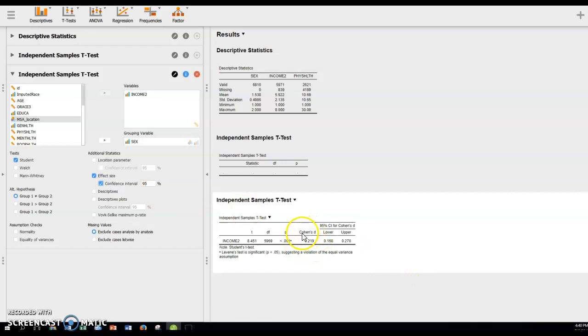So our best guess based on this test is that men make 2 standard deviations higher on income than females do in Pennsylvania. Now that 2 standard deviations is kind of tricky to interpret because we're talking about intervals that aren't even equal to begin with. But let's live with that for now.